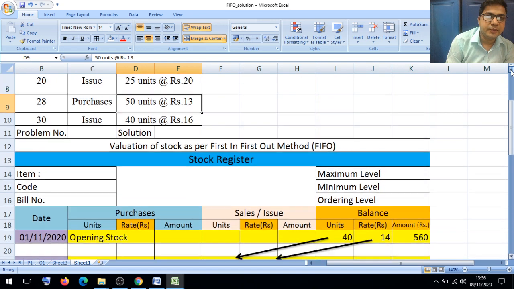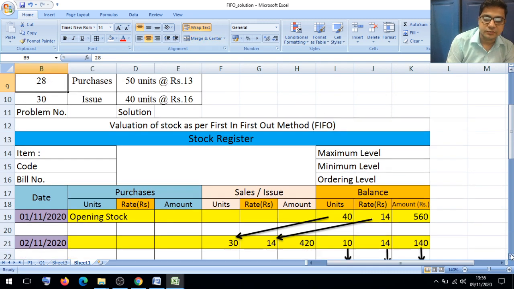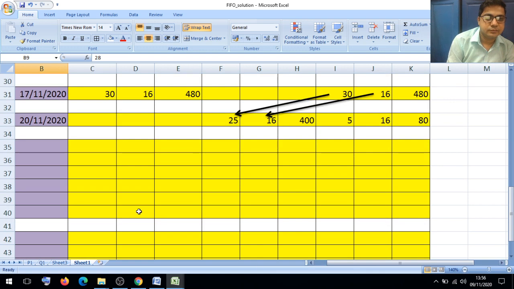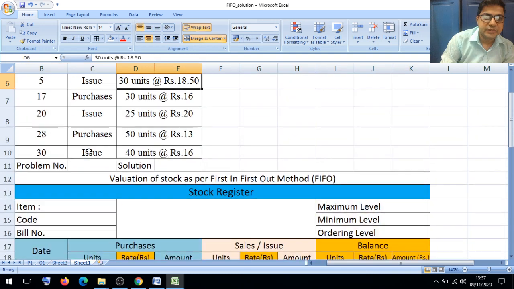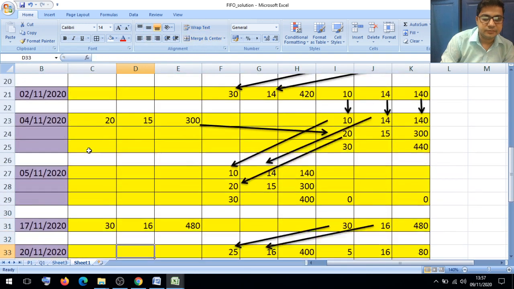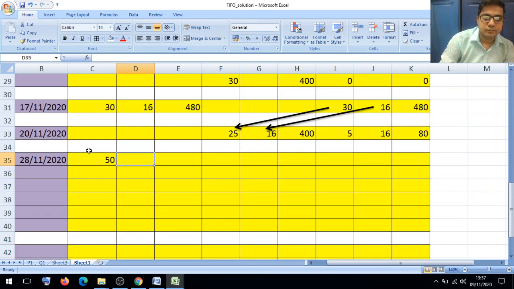These things you have to keep in mind. 28 November 50 into 13. 28 November, purchases column 50 and rate, see that again 13 rupees per unit. 50 into 13 is equal to 650.